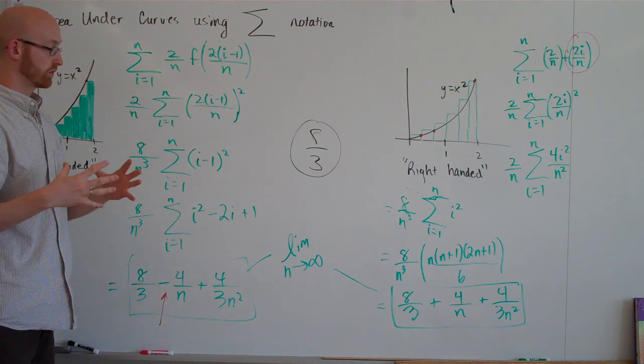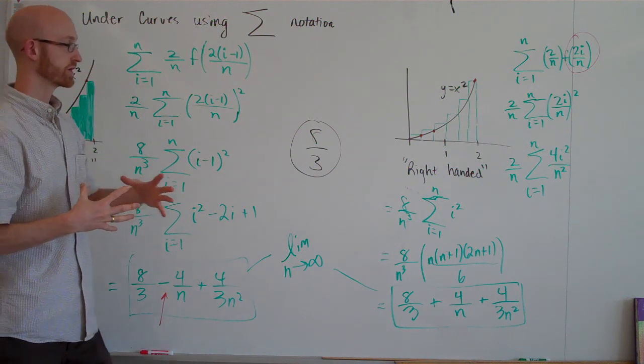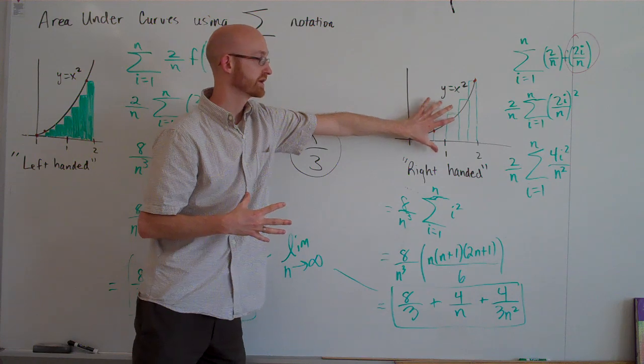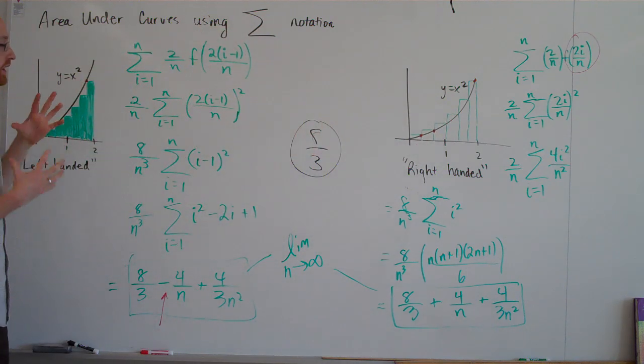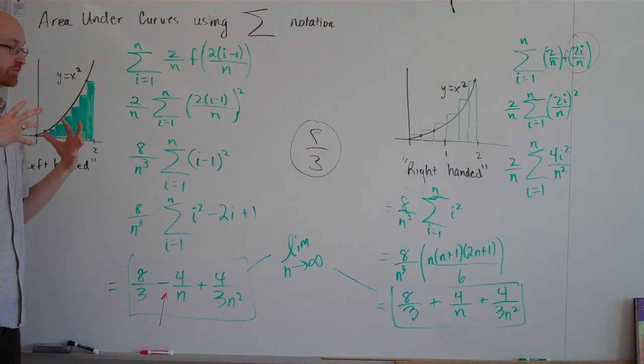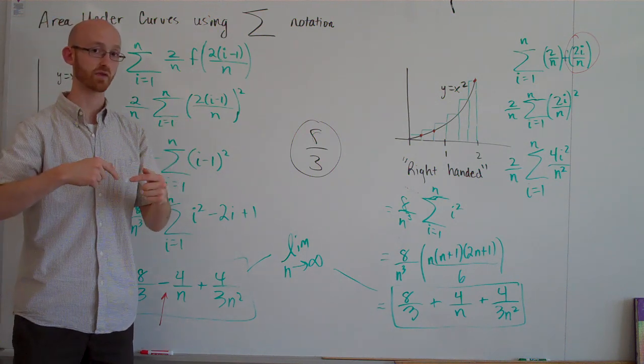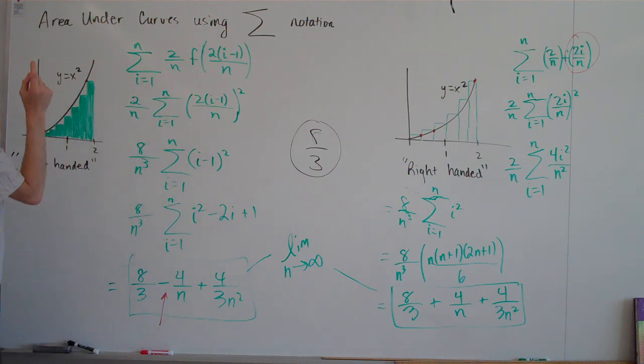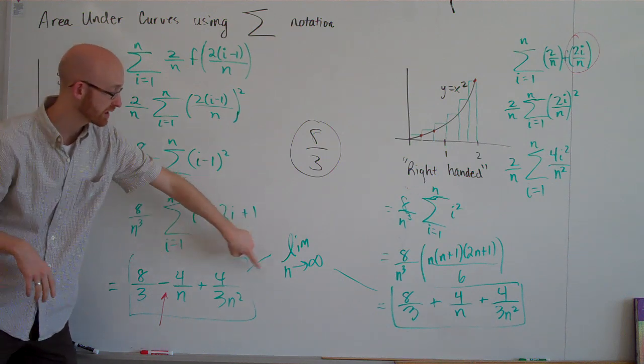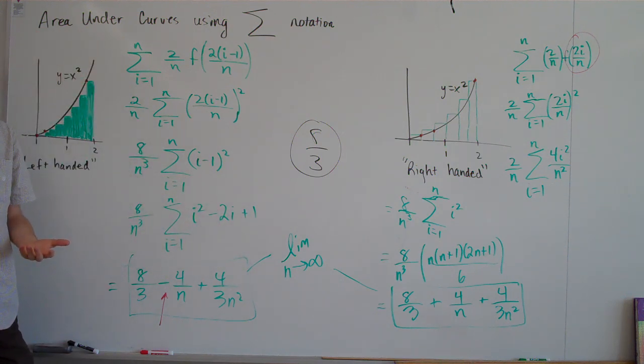So the point there is we over-approximated here, we under-approximated here, and we found that in both cases these things converged to 8/3, which means we found the exact area underneath this curve, albeit with a very long thought process. You might have to think about this limit, and if you're wondering why did we take a limit?